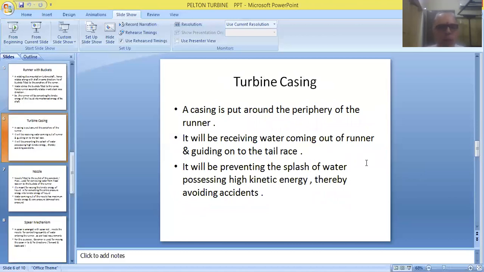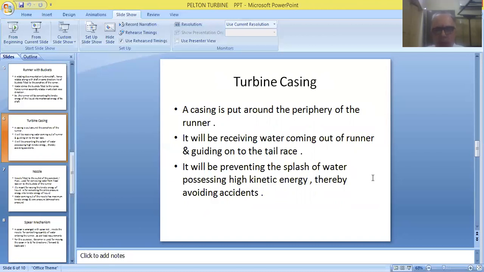Now we can see some information regarding the casing of the turbine. Casing is put around the periphery of the runner. It will be receiving water coming out of the runner, and it will be guiding it onto the tail race. As I've already told you, water will be having maximum amount of kinetic energy.